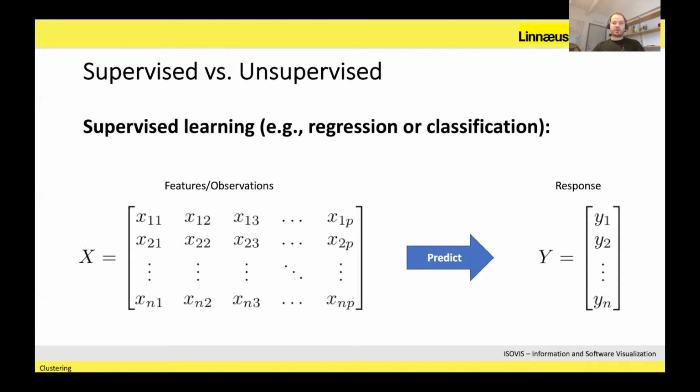So it was either regression or classification problems, which means that in all cases so far there was always a response variable that you want to predict or model, right?